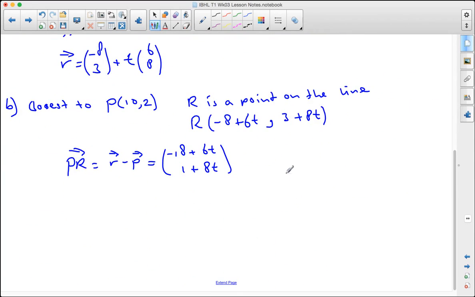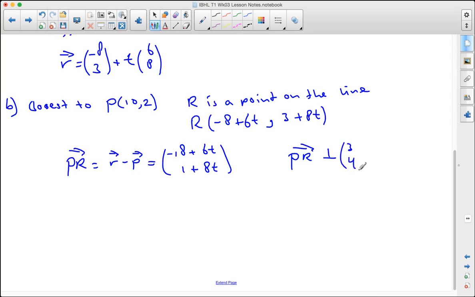Now PR needs to be perpendicular to the direction vector of our line. And the direction vector of our line, of course, was this 6, 8 here. But since we're only interested in the direction and not really the speed of the vessel, we can use 3, 4.